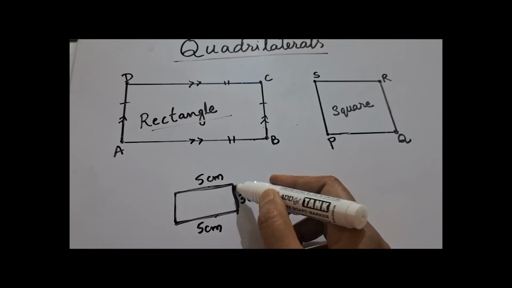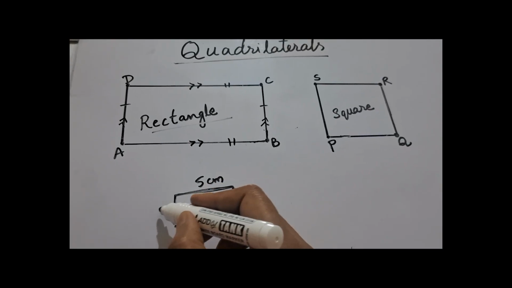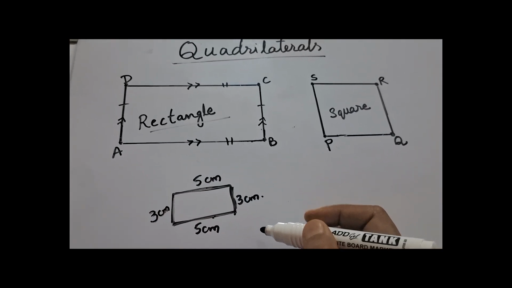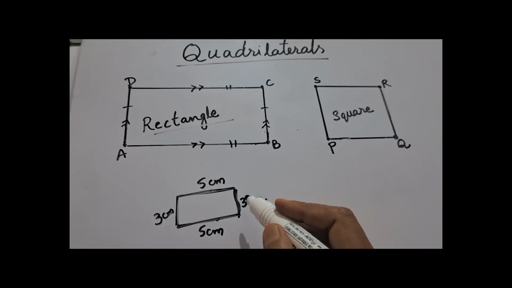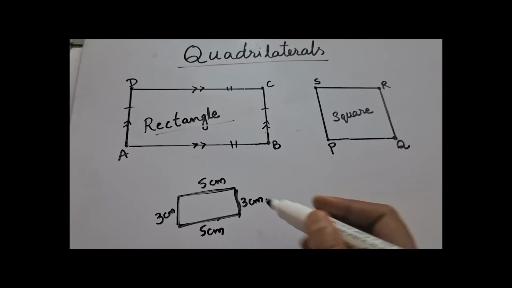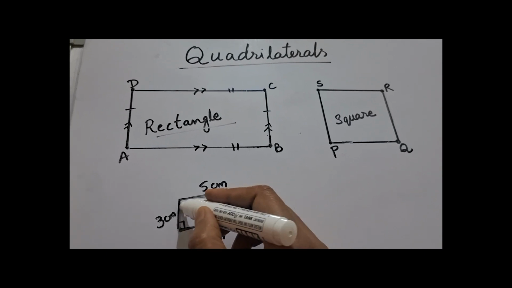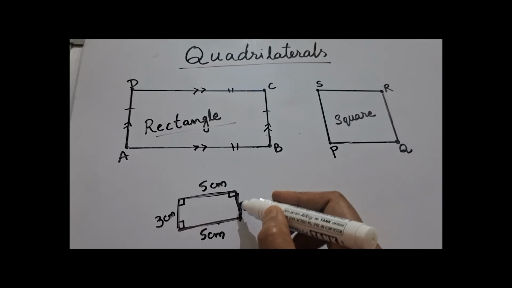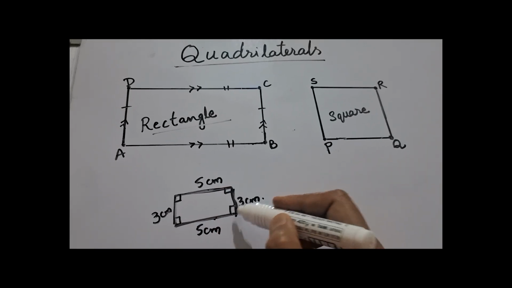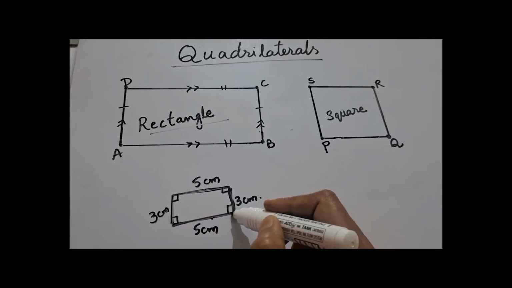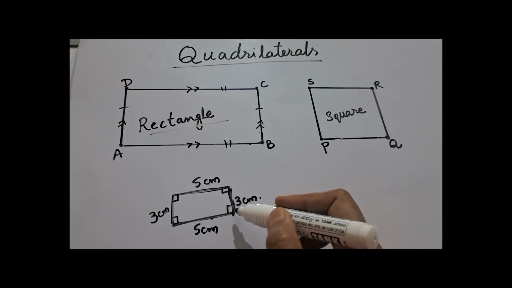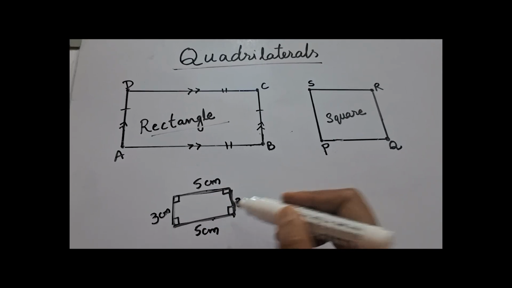It will be same as this length. This is breadth length. So, this will be 3 centimeter. Now, we understood children. And one more important thing about rectangle is all four angles are 90 degrees each. All the four angles in a rectangle is 90 degrees each. Right angles. Okay children.